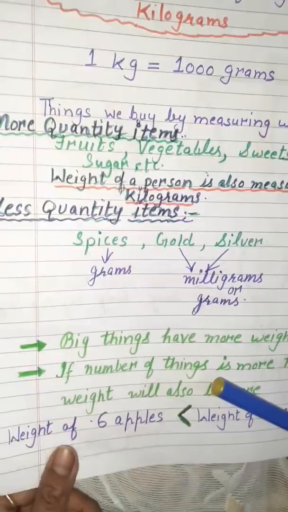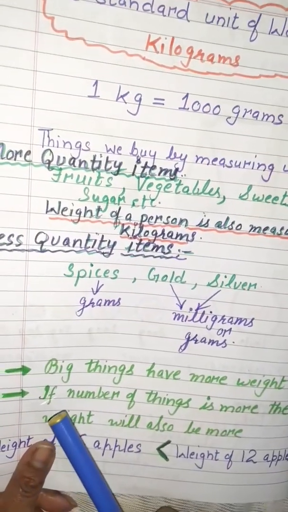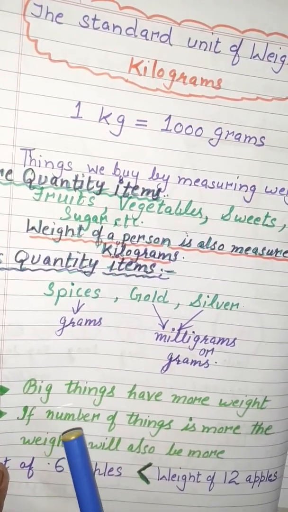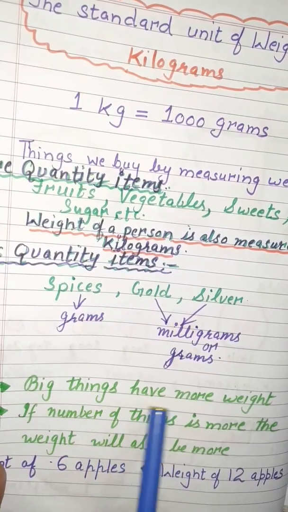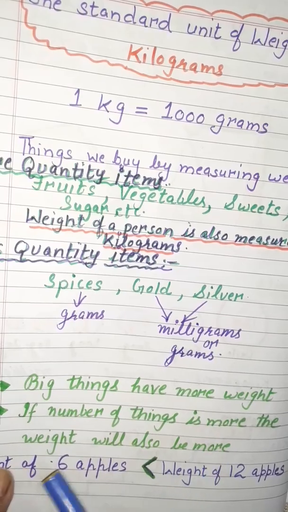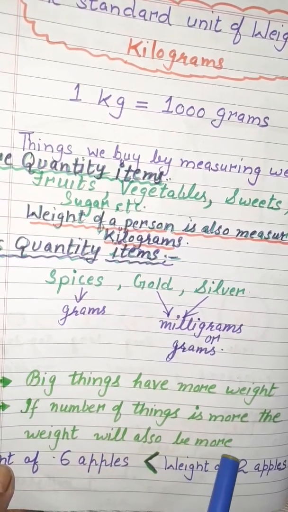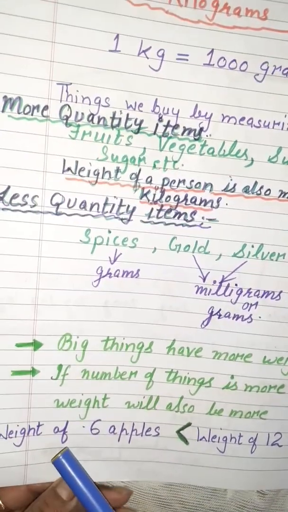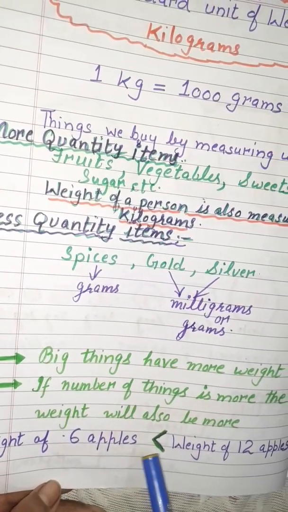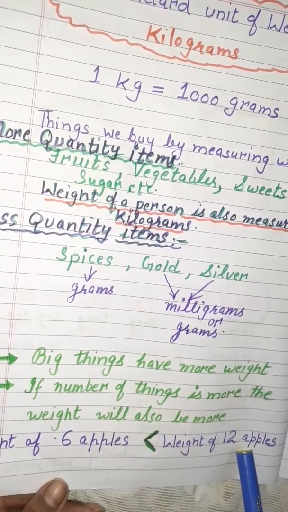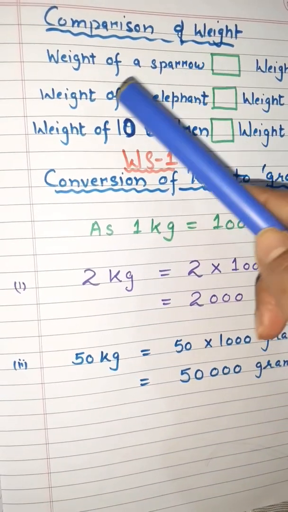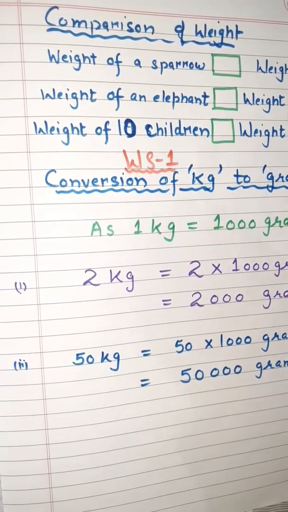Now the next one is that the weight of items also depends upon how big the thing is. Big things have more weight, and if the number of things is more, the weight will also be more. For example, the weight of 6 apples is less than the weight of 12 apples. So let us compare the weight of different things.